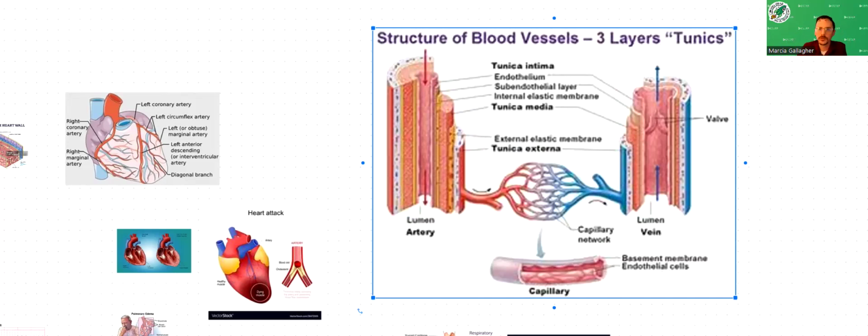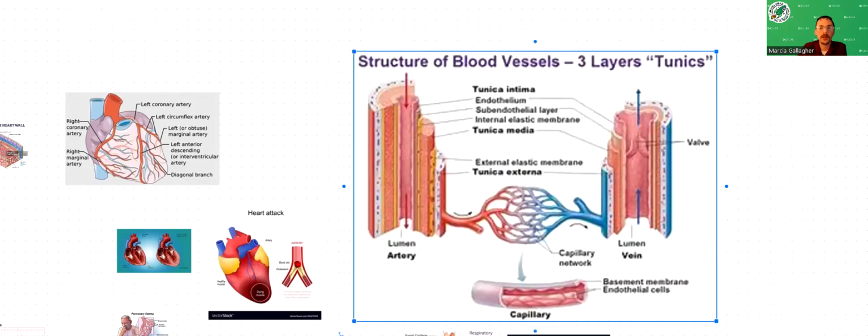Some terms to remember are the tunica intima, which is that inner endothelial layer of tissue inside of the vein or the artery. Remember, intima means inside because it's very intimate. If something is intimate with you, it's very close to you, inside of that vessel.